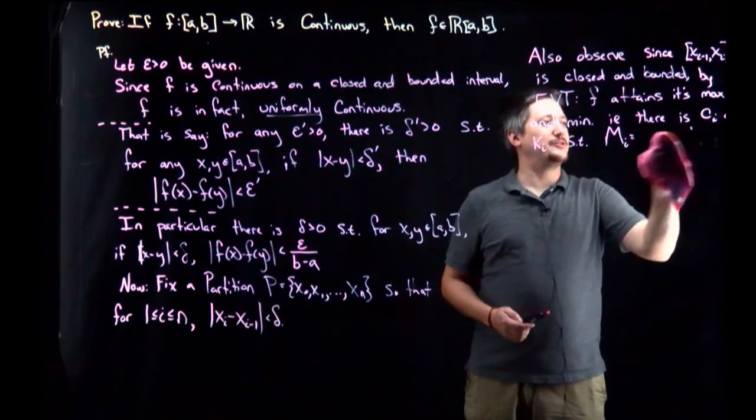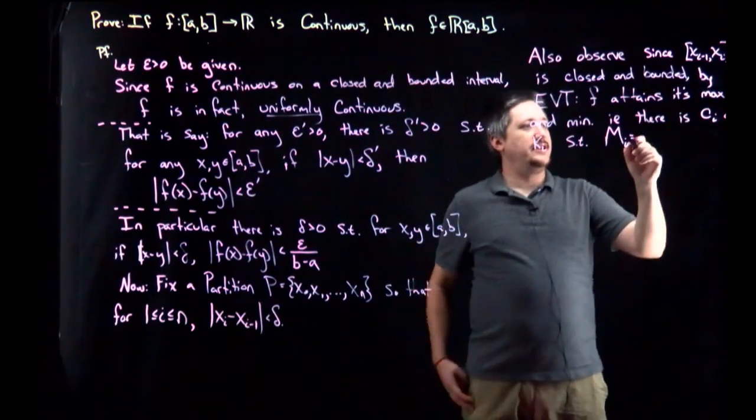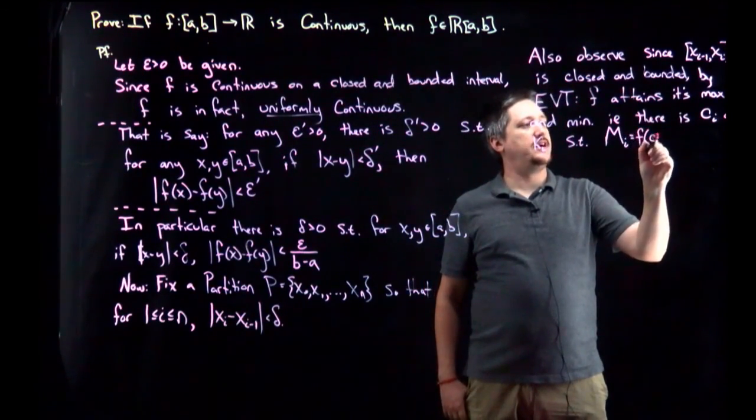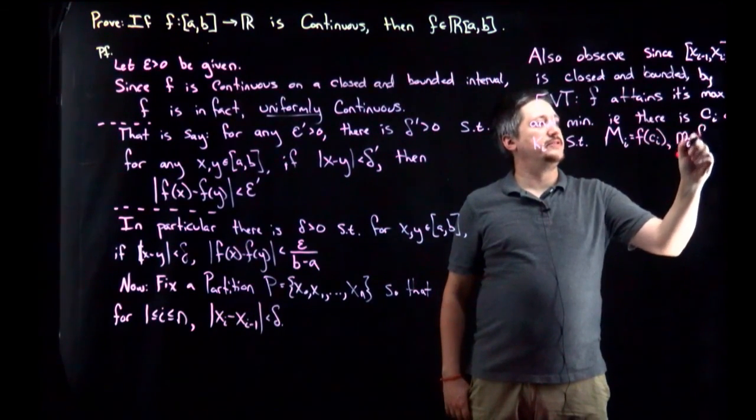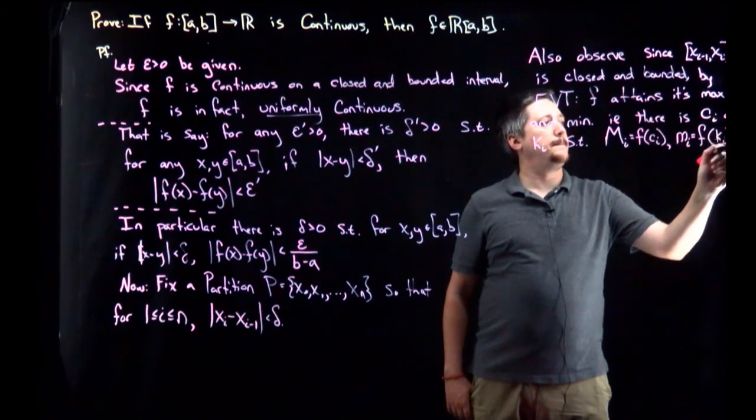I was like, this doesn't look right. There we go. So this should be f of c_i, and little m_i is f of k_i.